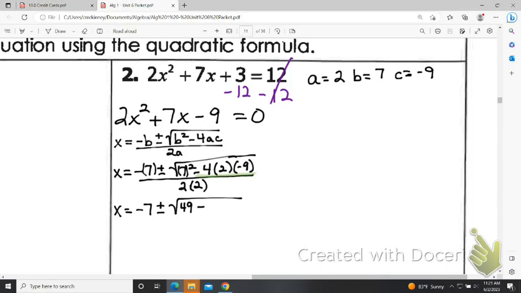And then I can just focus on 4 times 2 times 9. So 8 times 9, or I'm sorry, it's not going to be minus. Plus 8 times 9 is 72. 2 negatives make a positive when I'm multiplying. And then in the denominator, 4.